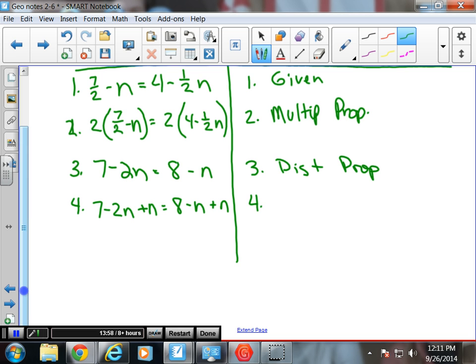Since I'm adding to both sides, it is the addition property. Now I have number 5. I'm going to combine like terms. When I combine these, I get 7 minus n equals 8. And when we combine stuff, that's the same as substitution.